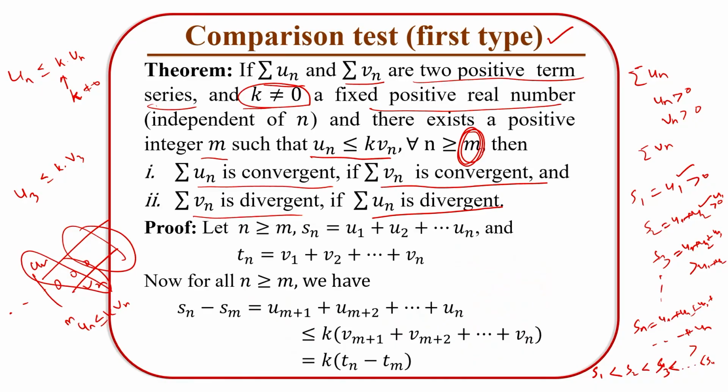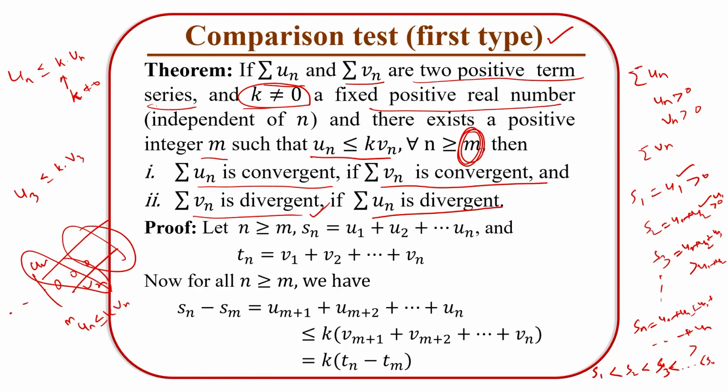That is the statement of the theorem. I believe you understand it: if the bigger one, k into vn, on the right hand side is convergent, then that leads to the smaller one, un, being convergent, and if the smaller one is already divergent, then that leads to the divergence of vn itself, right? So that's what it says.